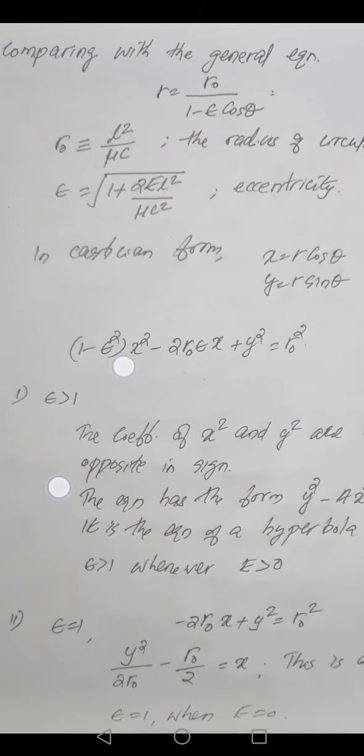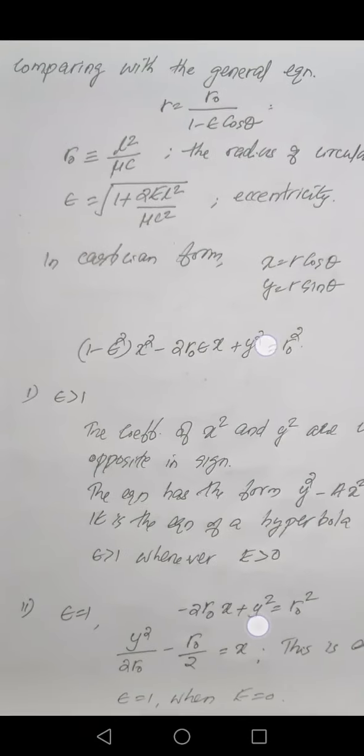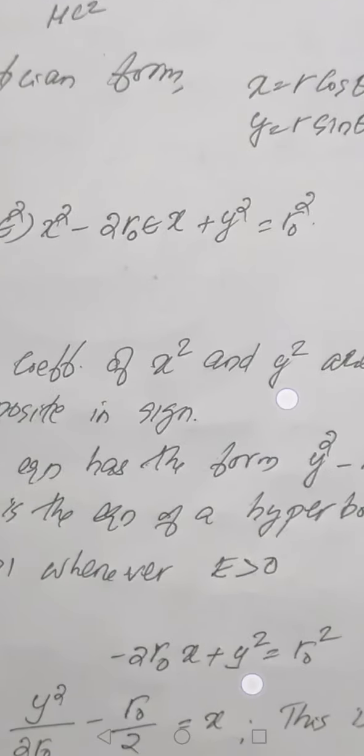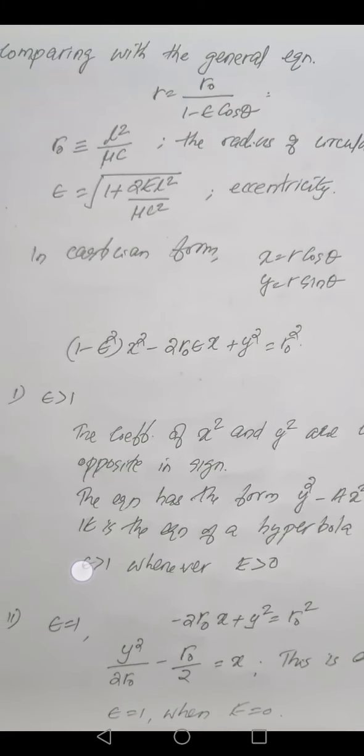So what happens if epsilon is equal to 1? In this equation, with epsilon equal to 1, the coefficient of x square becomes 0. So this is minus 2r0x plus y square equal to r0 square, that is a constant. Rearranging, you will get y square by 2r0 minus r0 by 2 is equal to x.